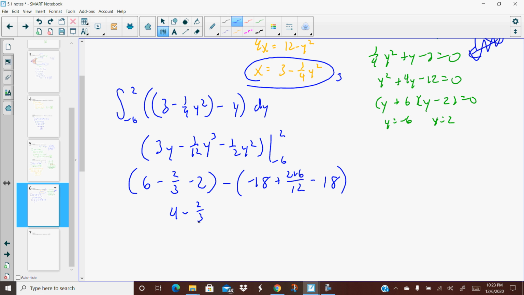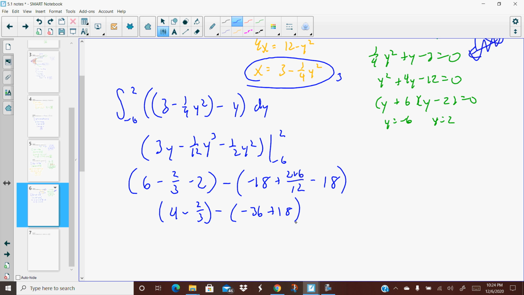Minus 2/3 minus -18 and -18 is -36. 216 over 12, that definitely reduces because I know 2 goes into both. 4 might go into both. 3 definitely does. 3 is going to be 72 over 4. 72 over 4, that's 18. Well, that means 12 goes into 216 18 times. Okay, I definitely didn't know that, but that works.